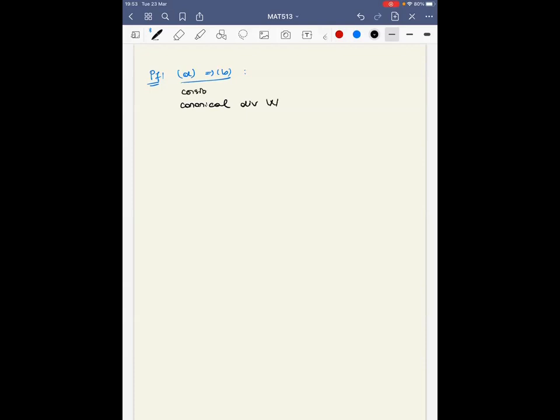Let me consider a canonical divisor. This is a divisor whose degree is 2g minus 2, so by the assumption, its degree will be minus 2, and its dimension is 0.